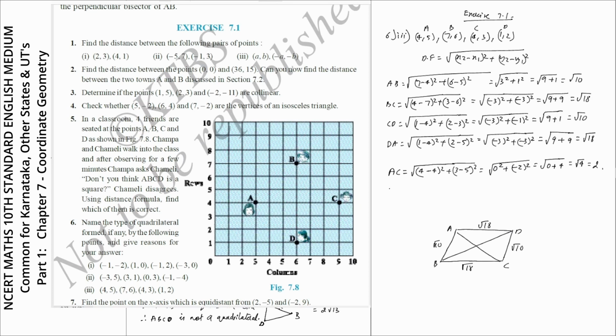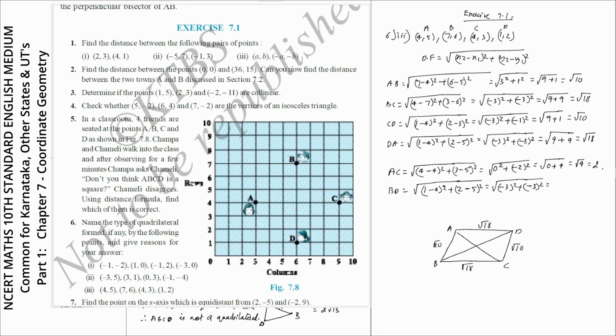And what is BD? BD is equal to square root of (x2 minus x1) the whole square, that is (1 minus 4) the whole square, plus (y2 minus y1) the whole square, that is (2 minus 5) the whole square. So this is equal to (1 minus 4 is minus 3) the whole square, plus (2 minus 5 is again minus 3) the whole square.